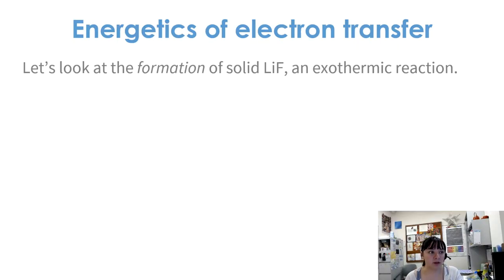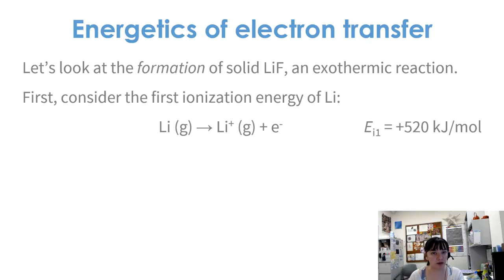So first, for the lithium, because we want to take lithium and turn it into a positive ion, we're going to need its first ionization energy, which here I found is 520 kilojoules per mole. And I've written out the equation here to show how chemically these different pieces are changing. So taking 1 mole of lithium gas and turning that into 1 mole of lithium plus gas, and thus leaving an electron out, that's associated with that first ionization energy.